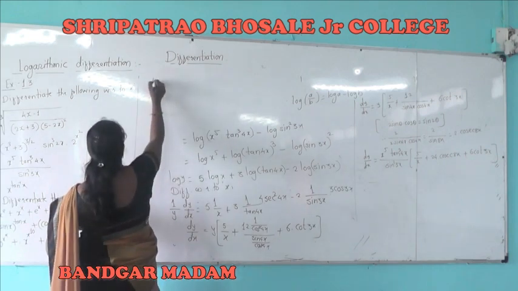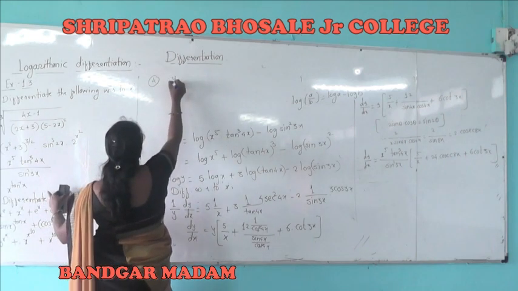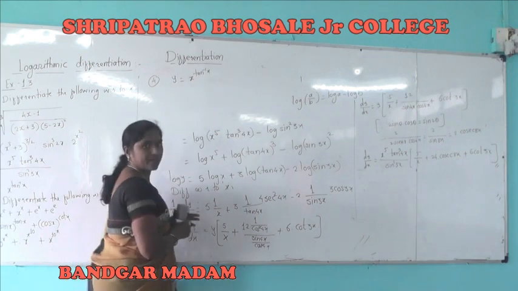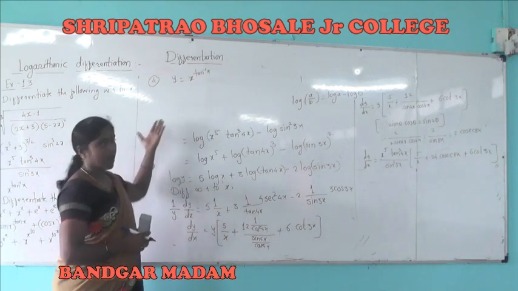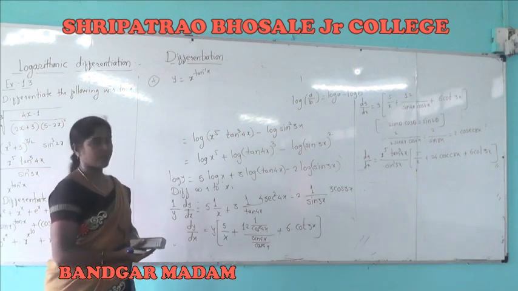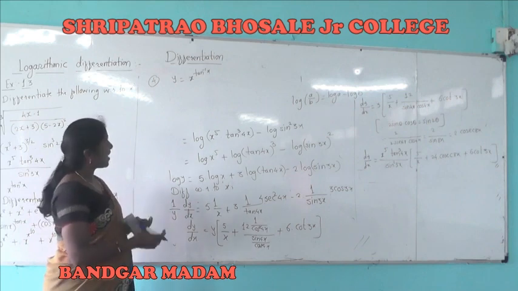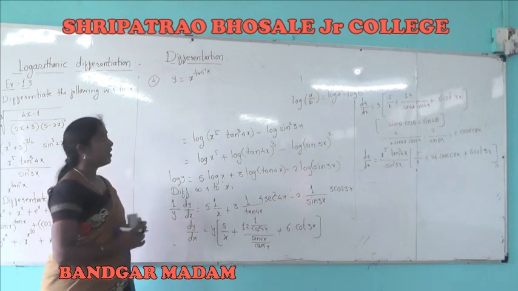Now we are going to solve the fourth question. The fourth question is y is equal to x raised to tan inverse x. Now again this y is of function raised to function form. So first of all we have to take log on both sides and then we will differentiate with respect to x.